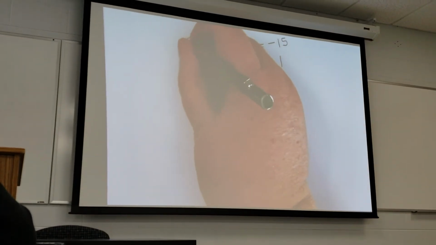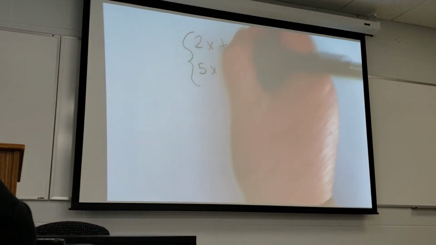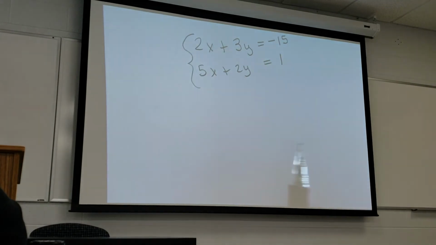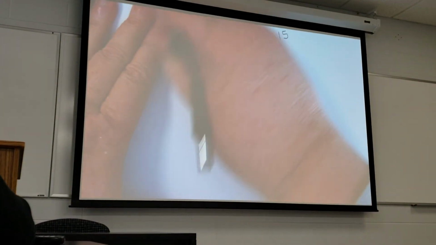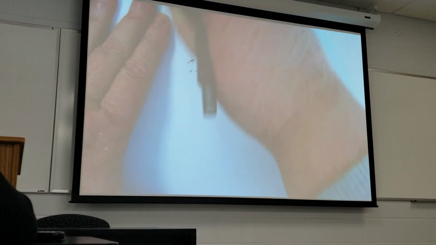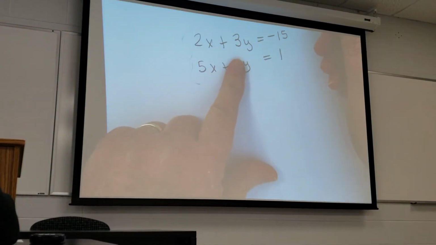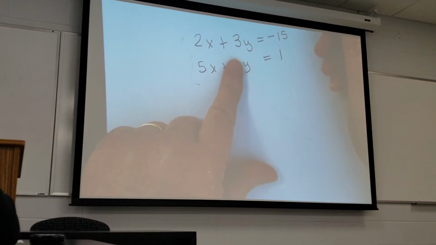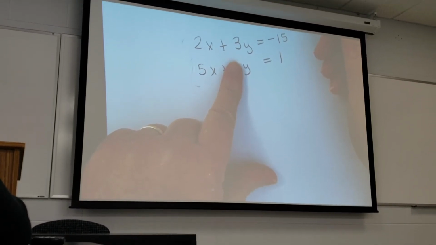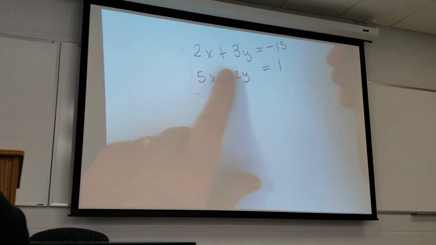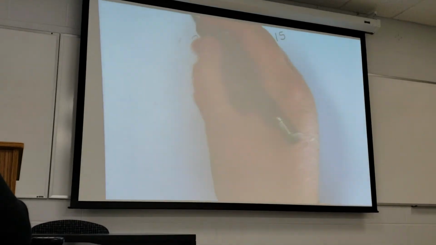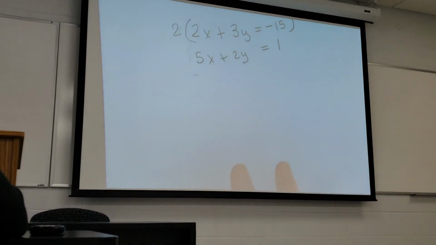So what I'm going to do with both of these equations: I'm going to multiply the top one by, this is a 3y, I want to make it a 6y, what should I multiply it by? 2. So I'm going to multiply the whole equation by 2.